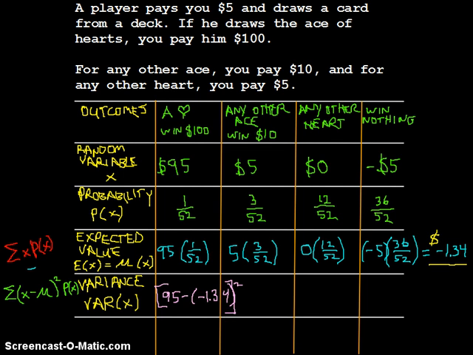So we subtract 95 minus a negative 1.34, and the result of that we then square. Then you take all of that and multiply it times the probability of the random variable x when it equals 95. And so in this case we'll multiply by 1 over 52. So all of this multiplied together gets us this one value.